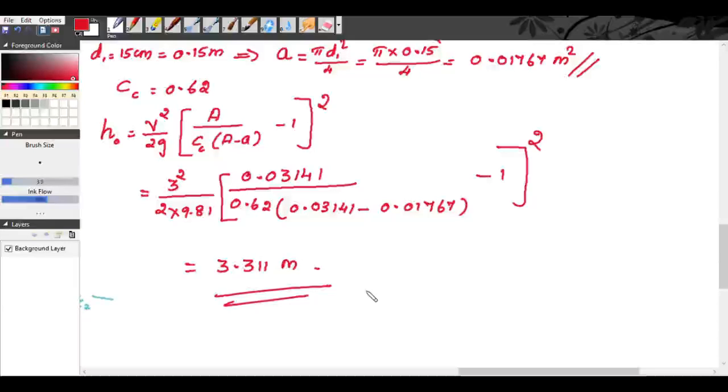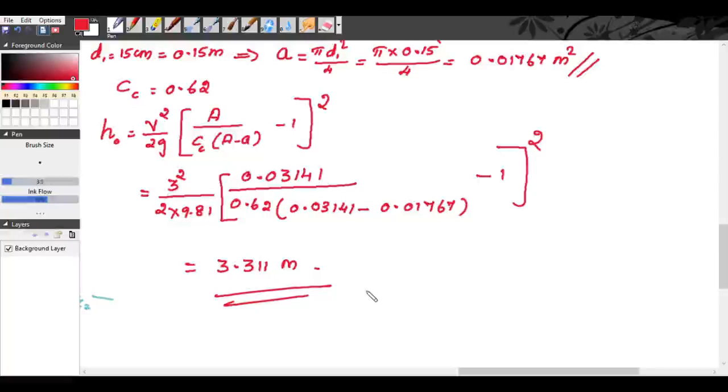For other cases also, we have studied some other head losses, that is, head loss due to bend in pipe also. If such problems are asked, you can just substitute the formula which we have studied in our first class, that is day before yesterday, and you can take the answer.